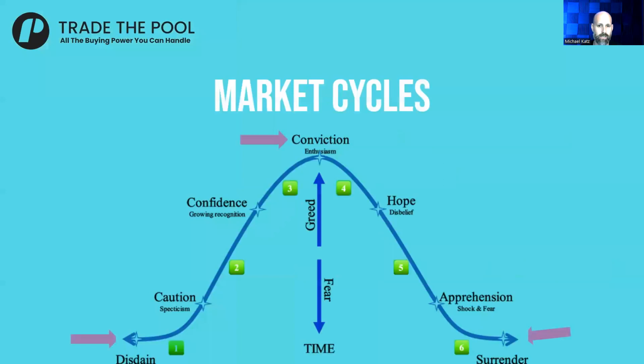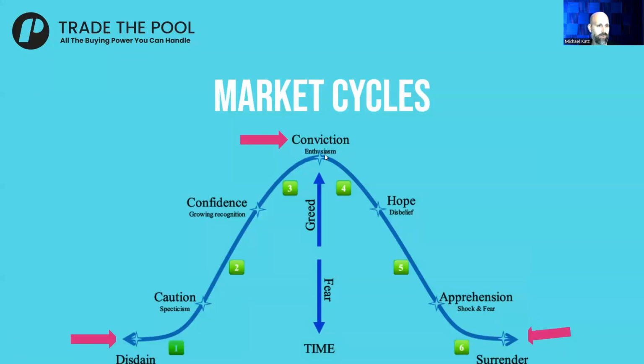So why did I say that the market is repeating itself and not really changing? I've been doing this for 15 years, but if you go back 100, 200 or 300 years, you will see that the cycle of the market stays pretty much the same all the time. We have disdain at the bottom, then caution, then confidence as the price moves higher.